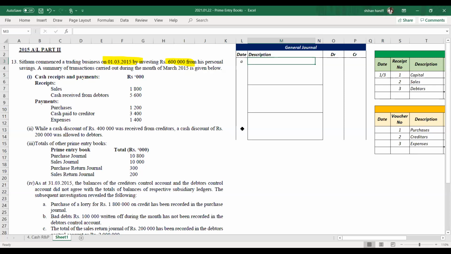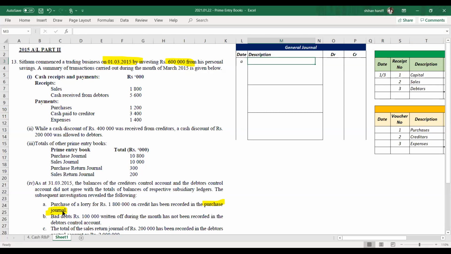If it is recorded in the purchases journal, if the prime entry book is wrong, that will be recorded as purchases in the subledger as well as the general ledger. That means the individual account and the control account were both recorded as purchases.